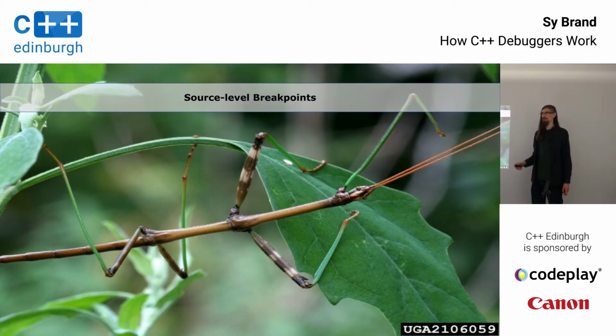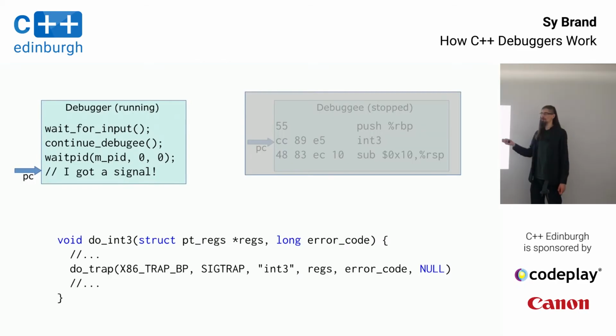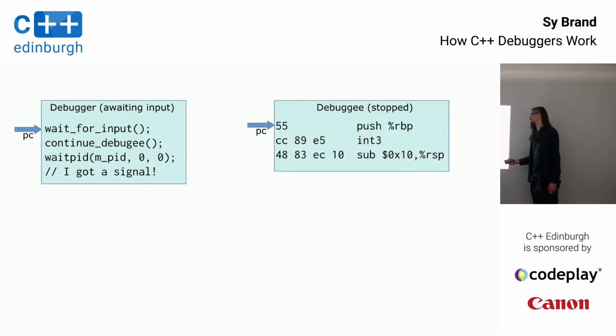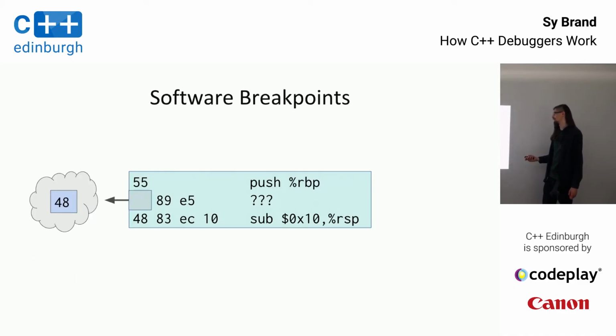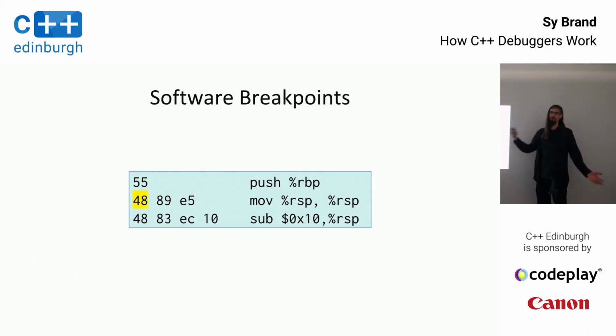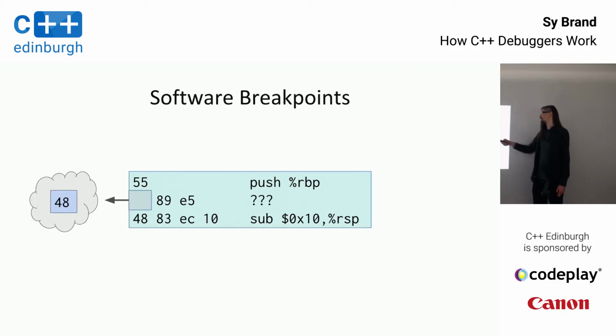Okay, so before I get on to source level breakpoints, I didn't have slides on how you actually end up running the original instruction, but I'll get to that now. Obviously you originally had this move instruction, and you presumably want to actually execute it. So remember we saved this off.